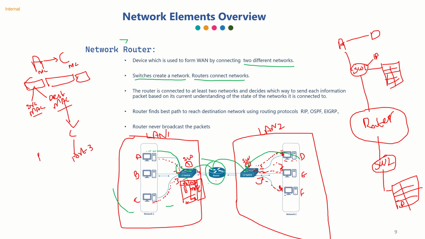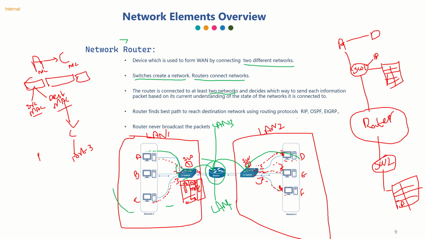So the router functionality here is to connect the two different networks, but it can also have more networks, for example here LAN 3, here LAN 4, but minimum it should have two networks, otherwise the function of a router is not useful.